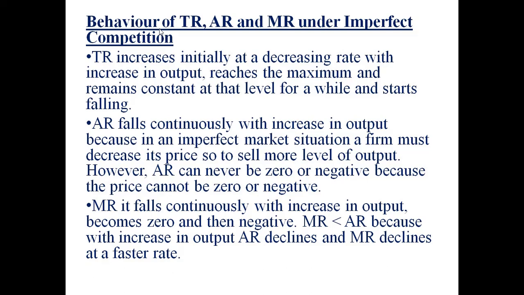Why is it so? It is not because of outdated technology. So the situation may not be similar for all types of goods. In some cases the price may fall down, but in some cases the price may go up. But normally, by theory, it must be noted that in an imperfect competition market situation, if the firm wants to maximize its sales volume, the price must be cut down.